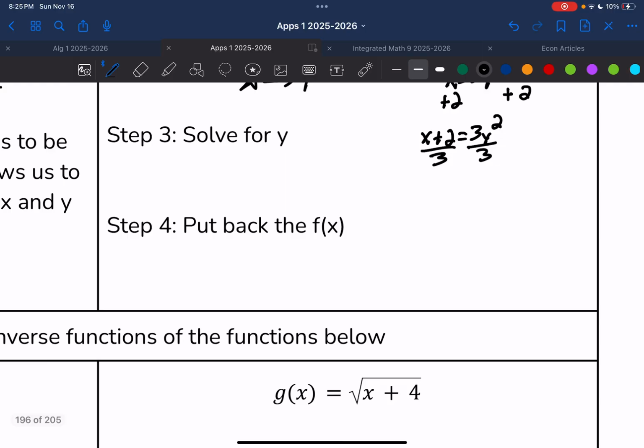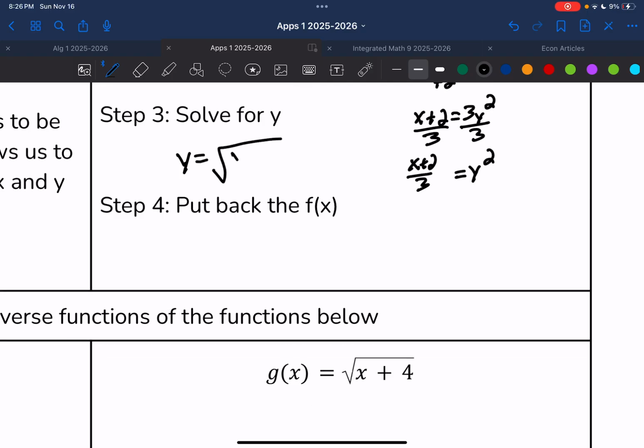I'm going to write this x over 3 plus 2 over 3 is equal to y squared. And that means, you know what, let's leave it as one fraction, actually. Let's leave it like this. And then finally, we're going to take the square root of both sides, and that means that y is going to be equal to the square root of (x plus 2) over 3.